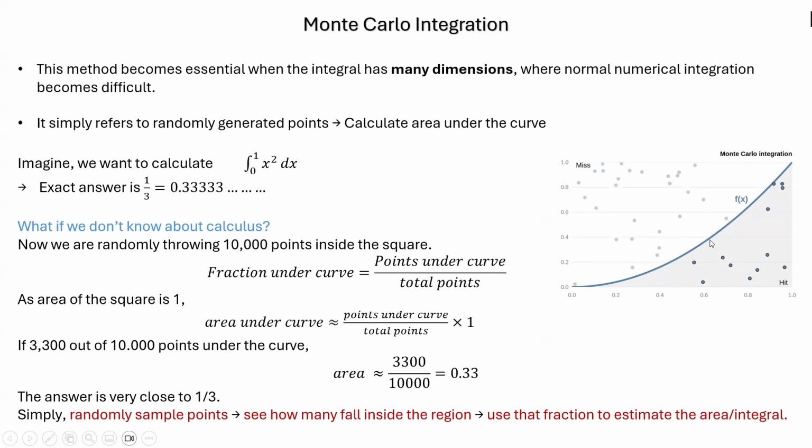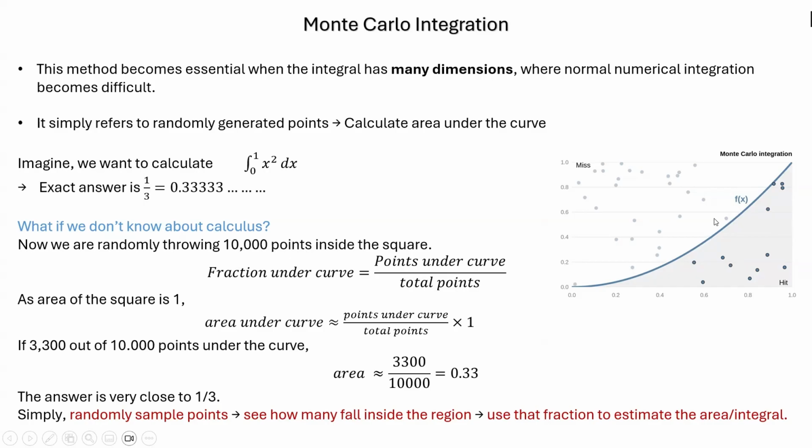So we have to work out the percentage of how many points are under the curve and how many points are over the curve. So points under the curve divided by total points gives us the percentage, and we multiply that number with 1 and we get our total area under the curve using points.